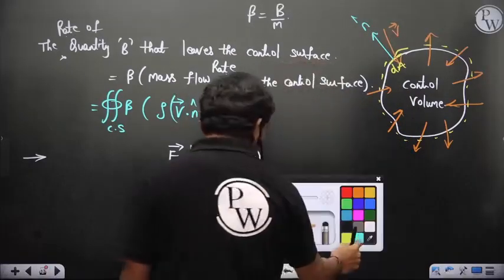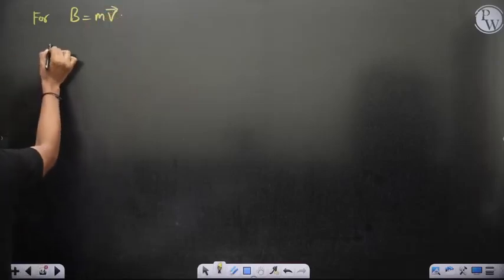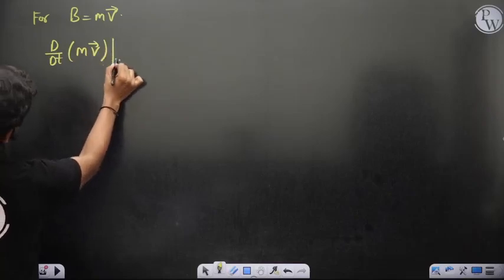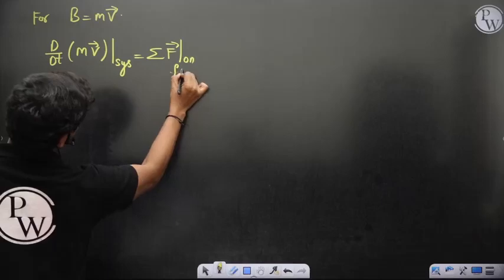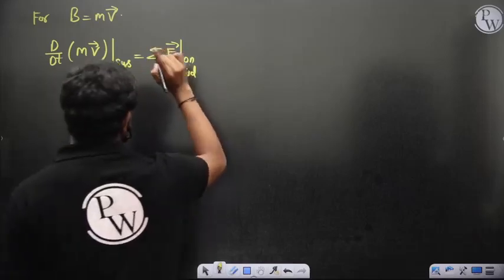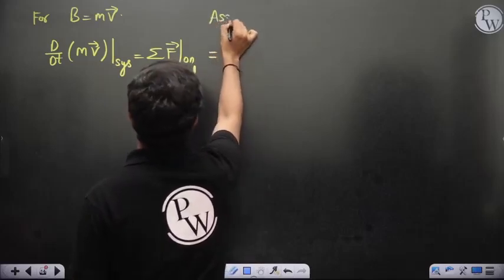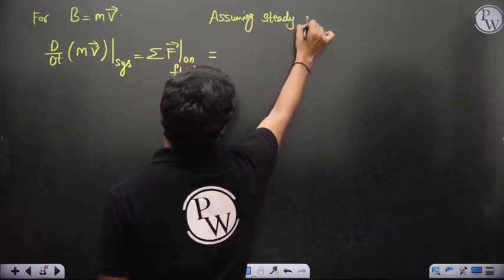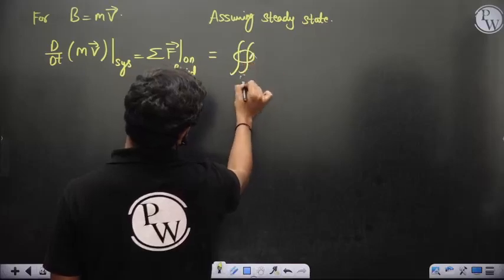Okay, in RTT, look, for B equal to mv, d by dt of mv of the system, which is the net force acting on the fluid, is equal to, assuming steady state, we are assuming steady state anyhow, this gives you something like the integral over the control surface S.